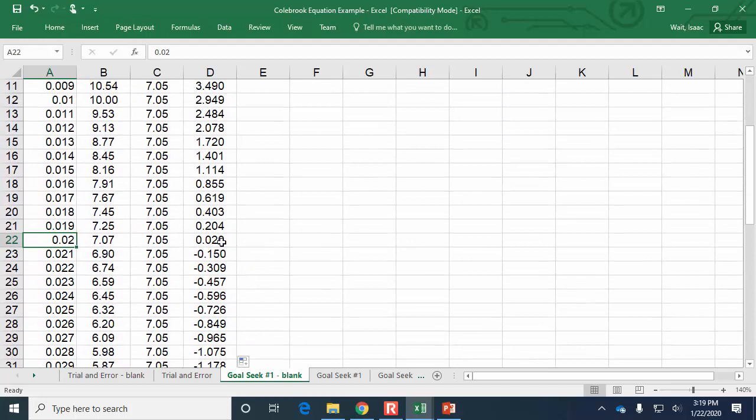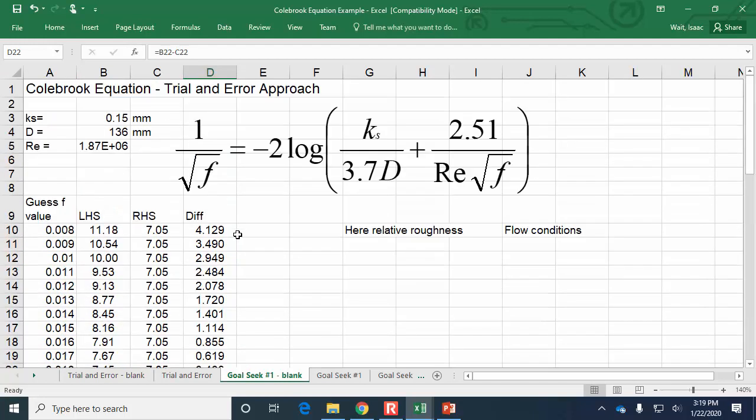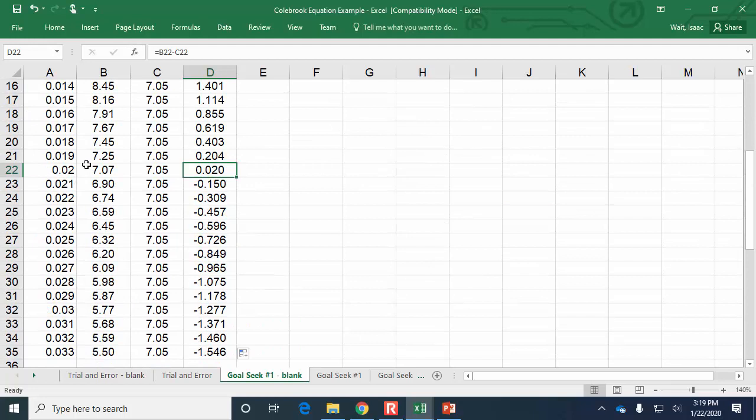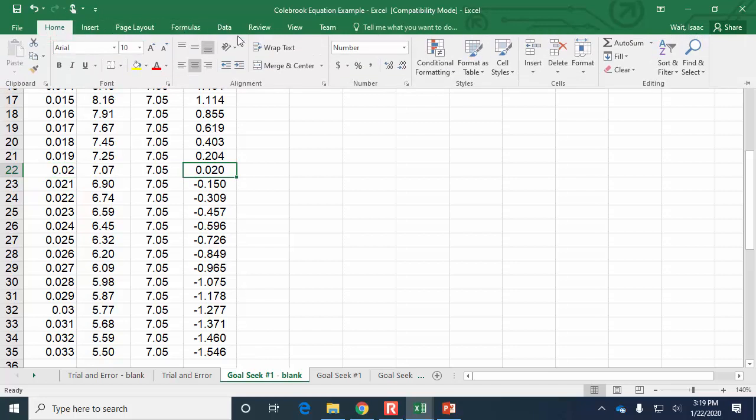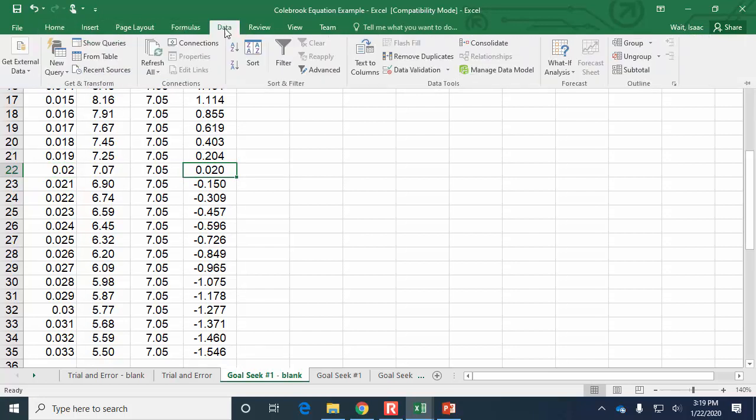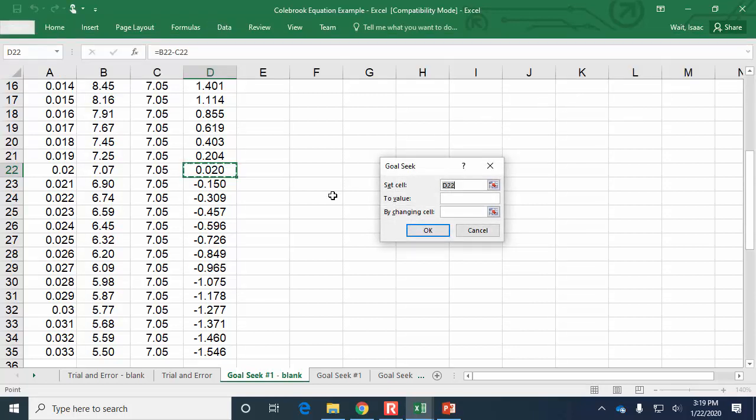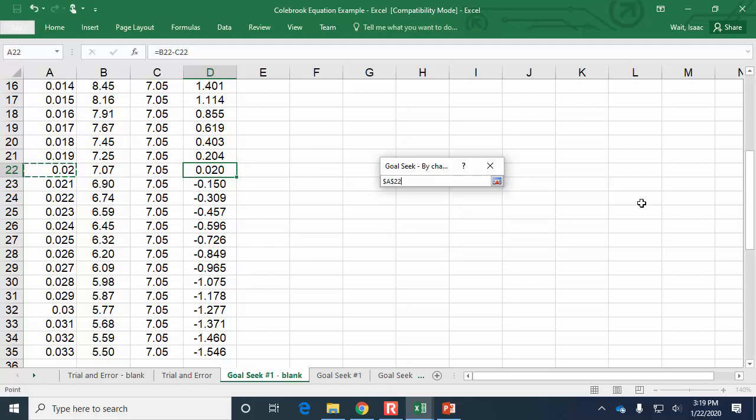And so my goal is I want the difference to be equal to 0. And so what it can change is it can keep changing this f value until the difference is 0. So you maybe remember that in data, what-if analysis, goal seek, my objective is set this to 0 by changing the f value.